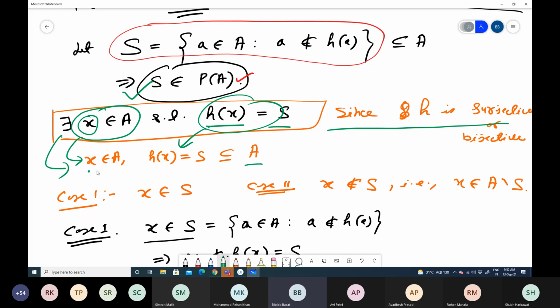We have a point X and a set S, which is a subset of A, and we know that X is in A. So we have two possibilities: either X is in S or X is not in S. And we are claiming that in both we are getting a contradiction. So it cannot be in both. So X is not in S and X is not in A minus S as well. That means that X does not exist.